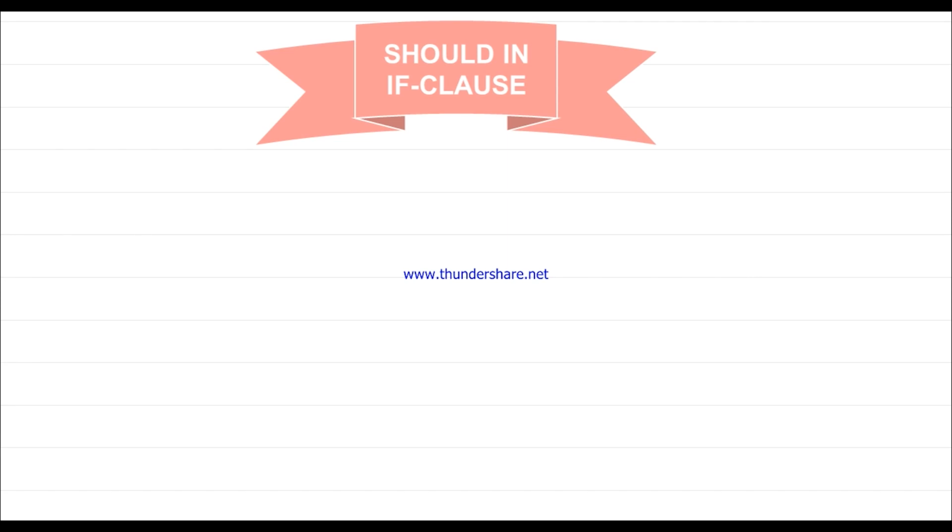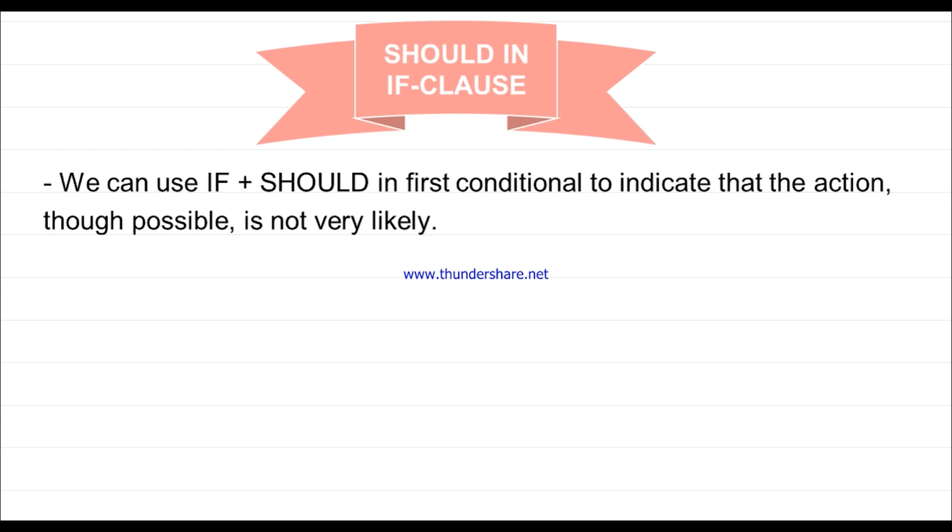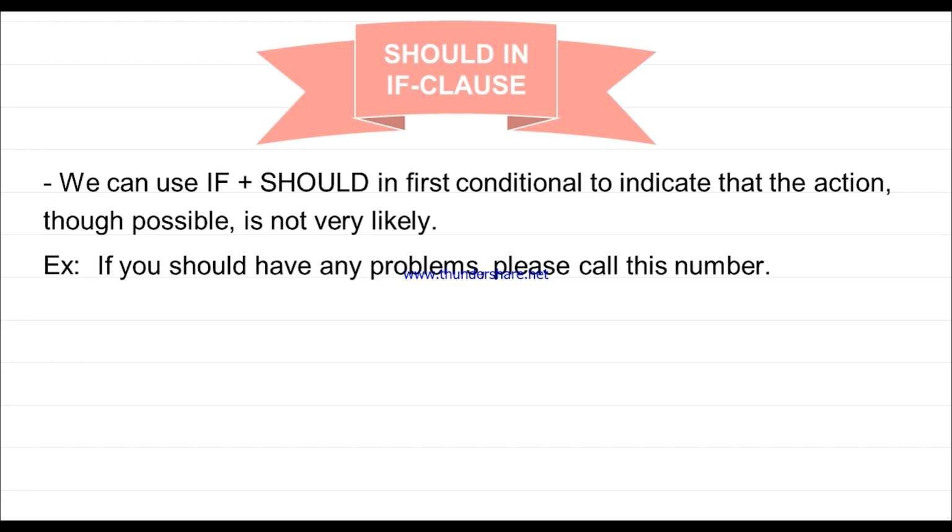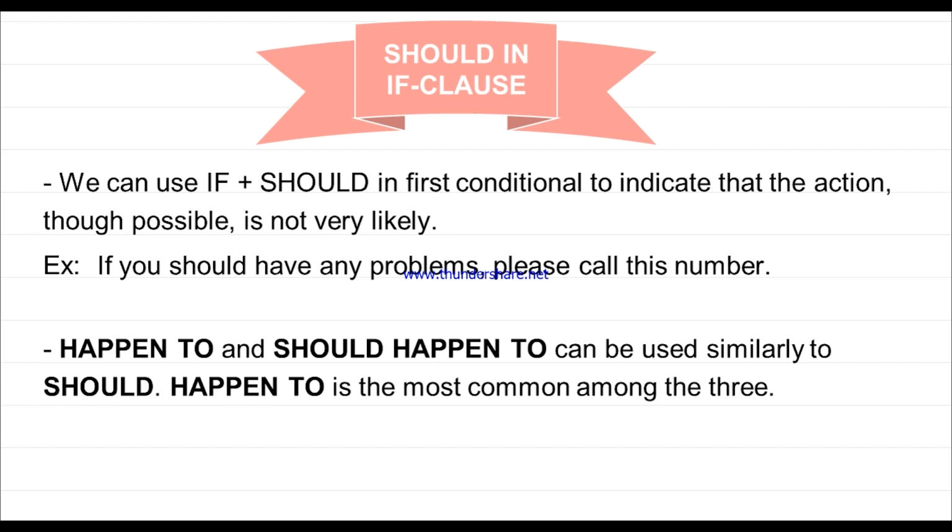And should can also be used in the if clause in the first condition, to indicate that the action, though possible, is not very likely. For example, if you should have any problems, please call this number. It is less likely to happen than when you say, if you have any problems, please call this number.